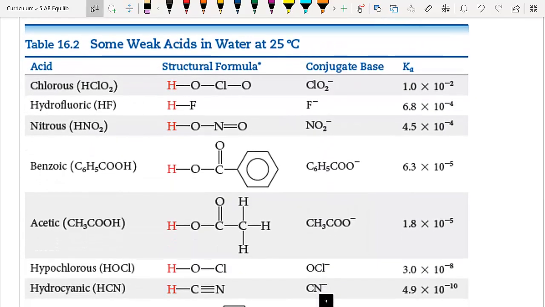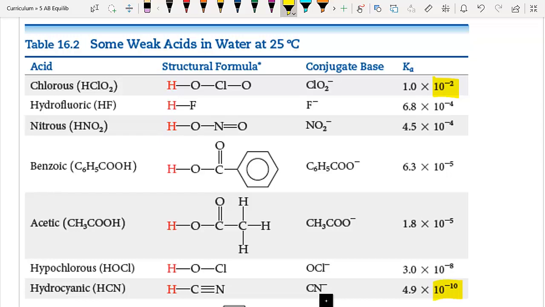Here are some common weak acids that we would find in nature, along with a structural formula, the conjugate base of that acid, and the Ka value. And you're going to notice that many of these Ka values range between 1 times 10 to the negative 2, negative 4, 5, 8, all the way up to 10 to the negative 10.